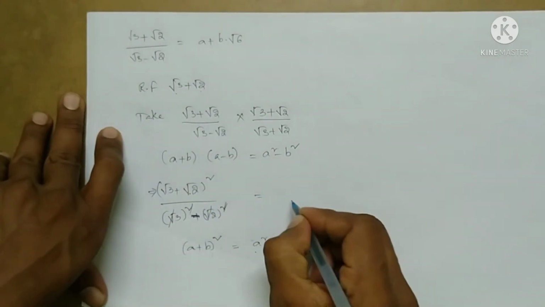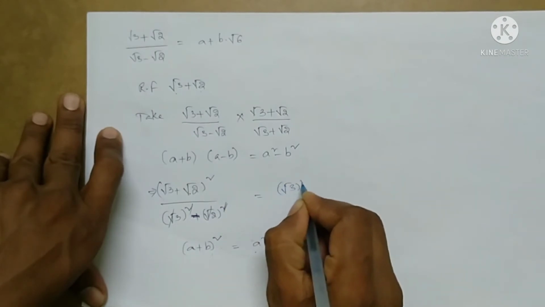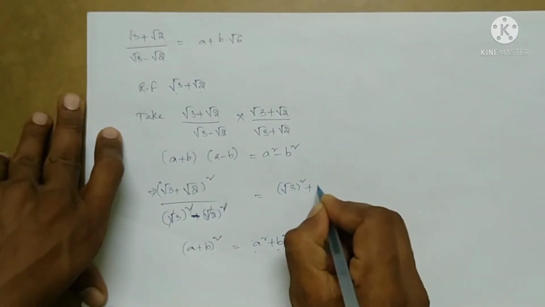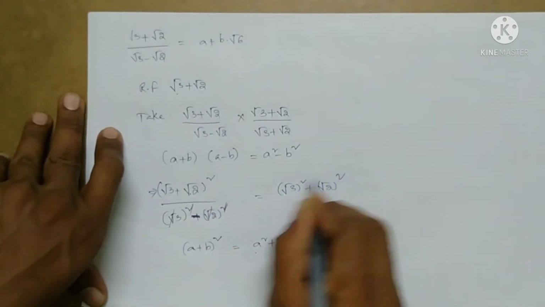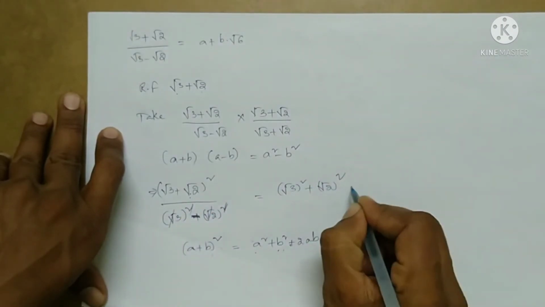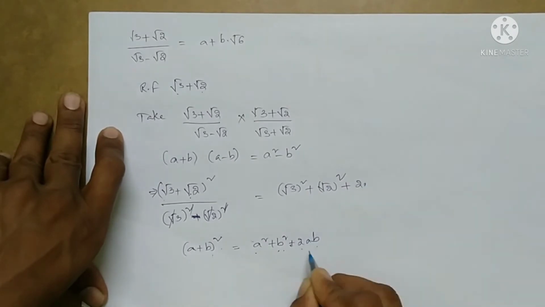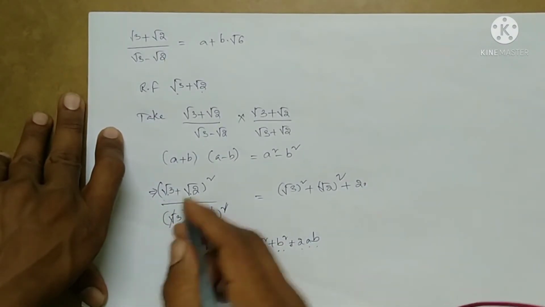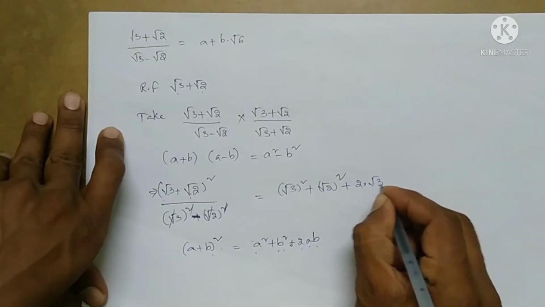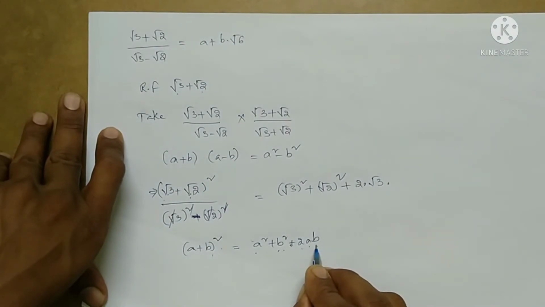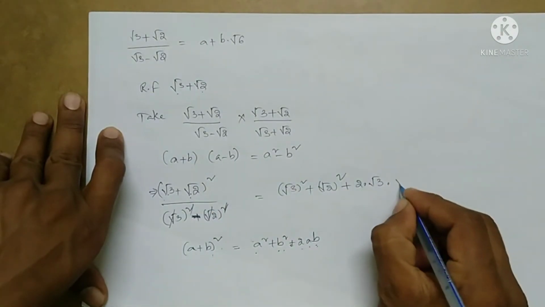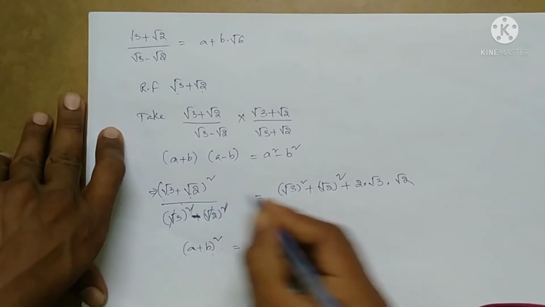So a square means root 3 whole square plus b square means root 2 whole square plus 2ab means 2 into root 3 into root 2.